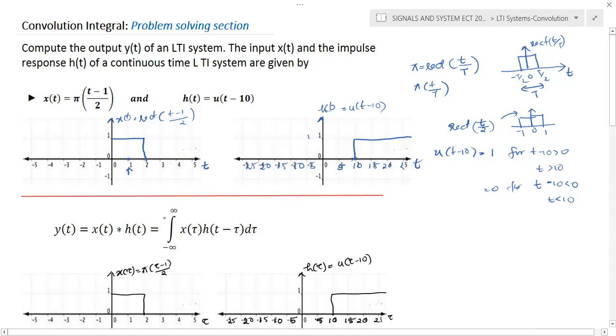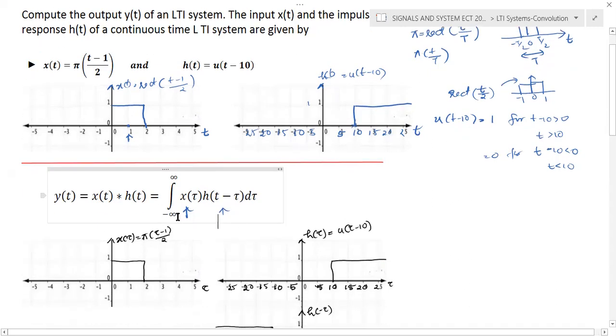Now we need to evaluate the equation. For that, we require x of tau and h of t minus tau. I already drew all these signals, because by simply replacing t with tau, you will get x of tau. So now x of tau is equal to pi of (tau minus 1) by 2. You will get exactly the same waveform, but the variable is tau.